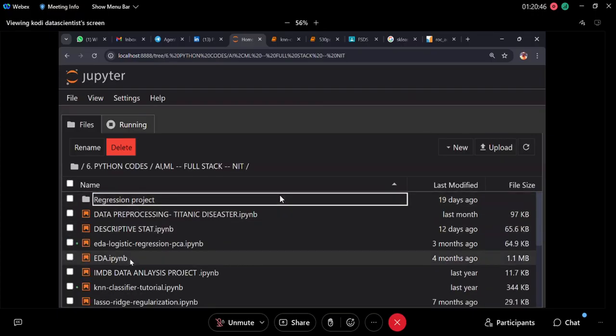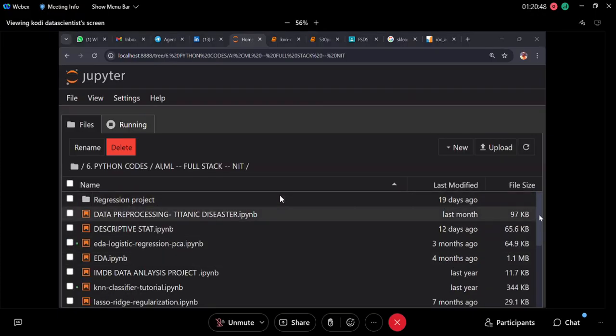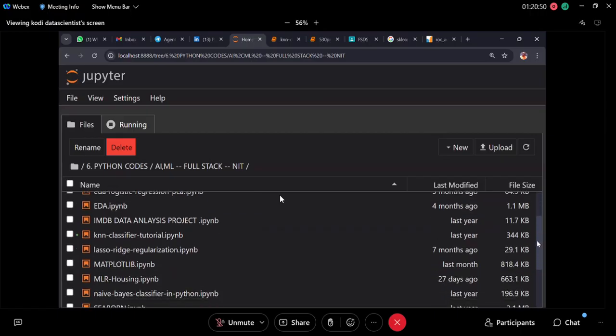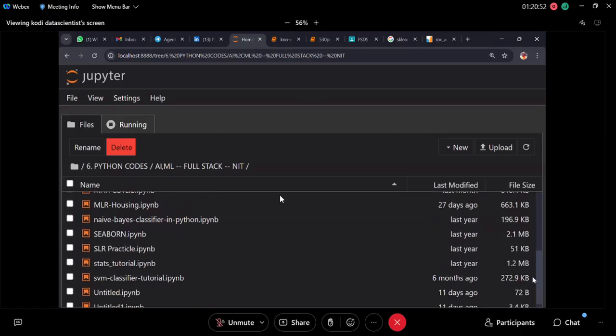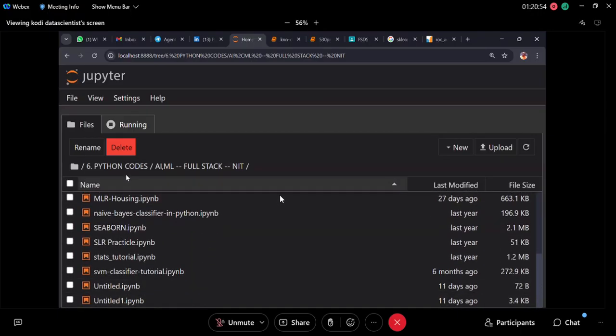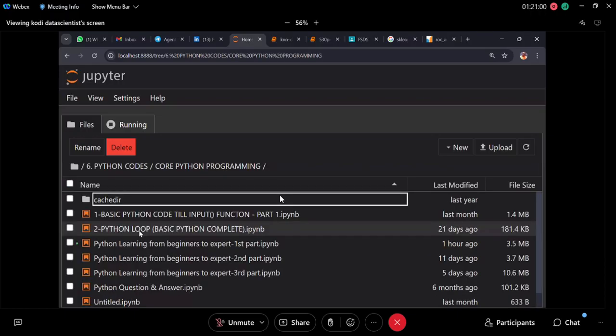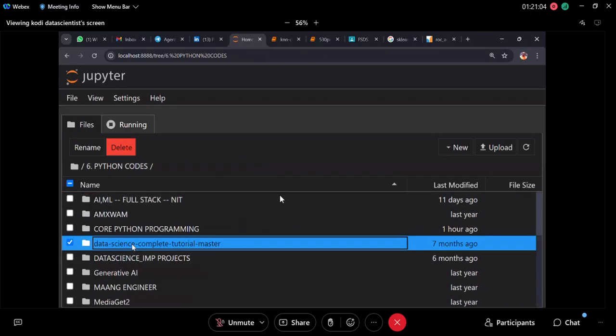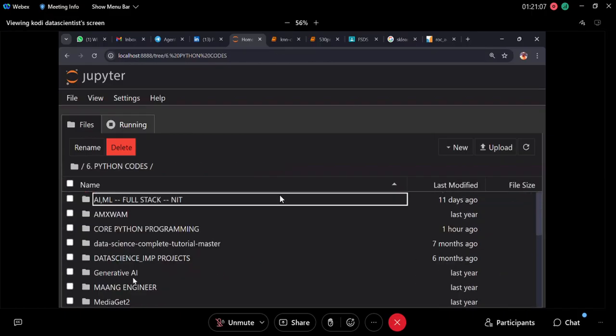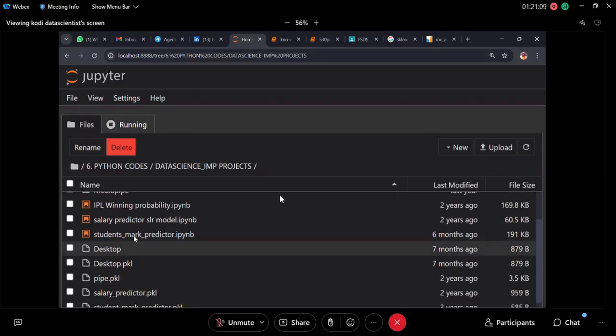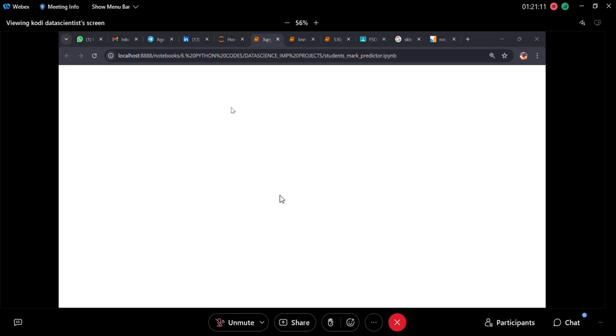Descriptive. 1 second. Base SLR SVM. And then here. So let's talk about this one. Okay, I think I found it here. Data science important projects. Okay. Now, can you please review them? Give me 10 minutes. We'll understand this one.